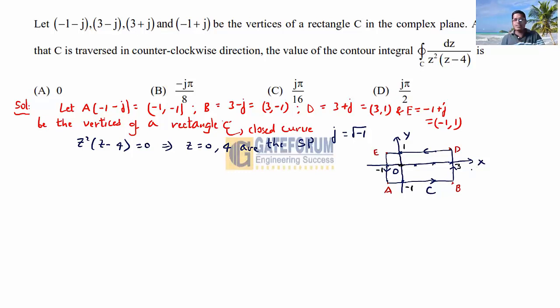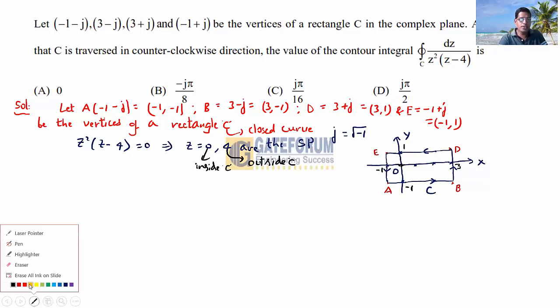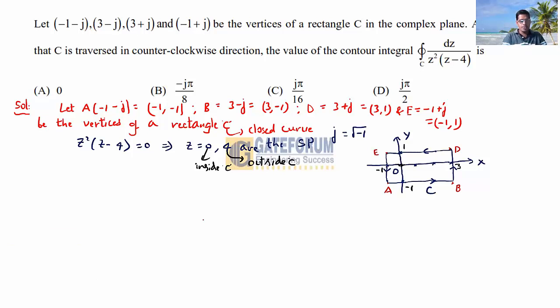That is, 4 lies outside the curve. Okay, so this is inside C, and this is outside C. So one point inside C, the other point outside C. So this is a mixed-case problem. One is inside, the other is outside.